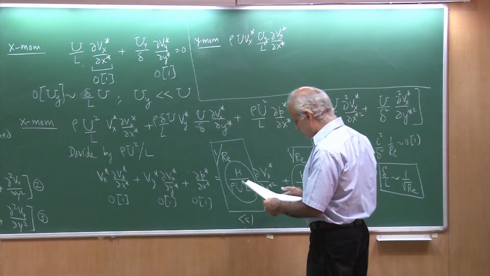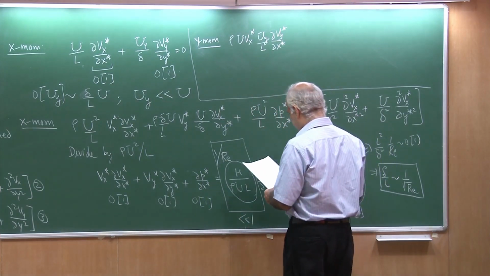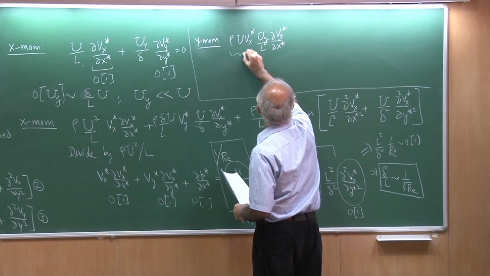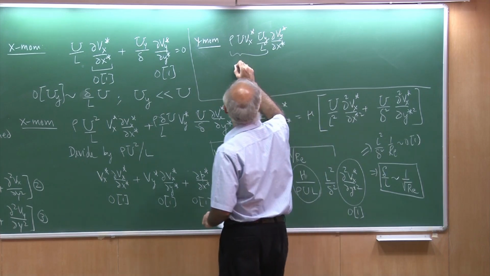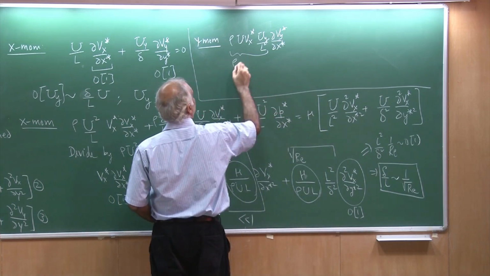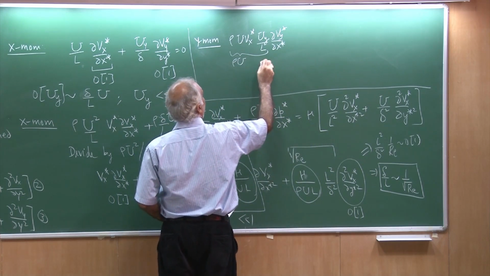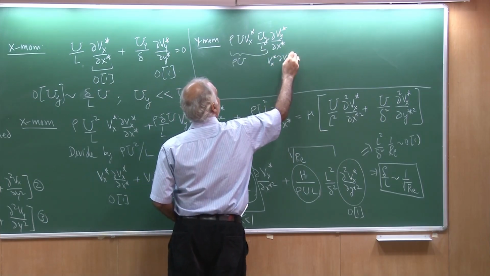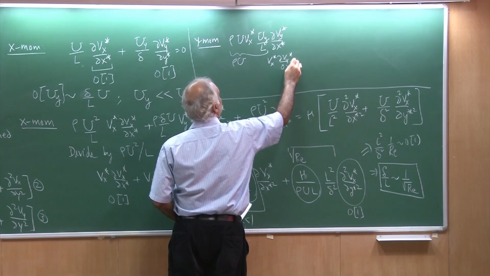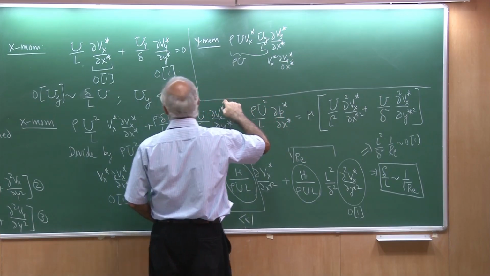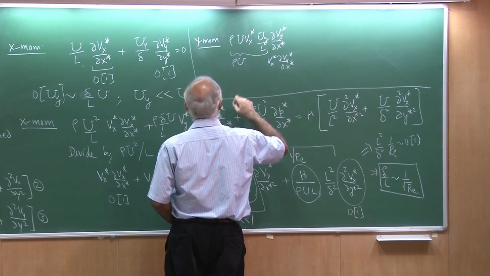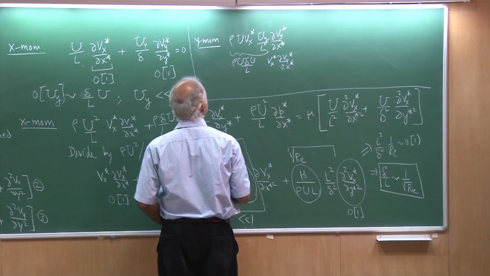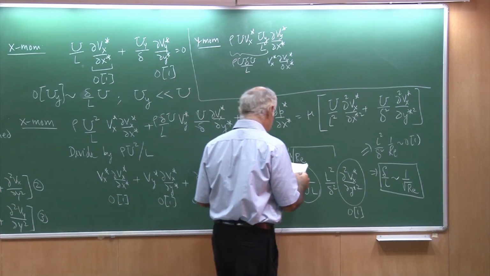So that's the first term. And let me simplify this right away. This would become rho u, and here I would get Vx star del Vy star by del x star. And I'll substitute for Uy. Uy is given as delta times u by L. So that's what I'm going to get for this term.